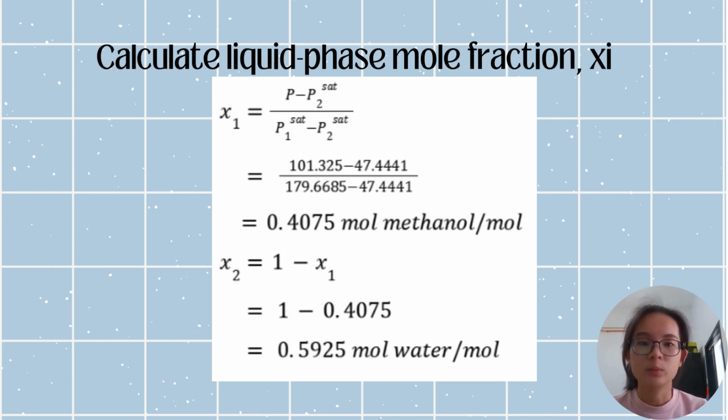To calculate the mole fraction for methanol, we use the equation (pressure minus saturation pressure 2) over (saturation pressure 1 minus saturation pressure 2), and we obtain the value 0.4075 mole methanol per mole. For x2, we simply use the equation 1 minus x1, and we obtain the value of 0.5925 mole water per mole.